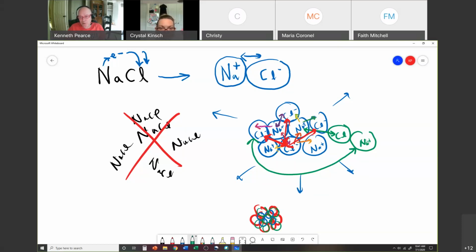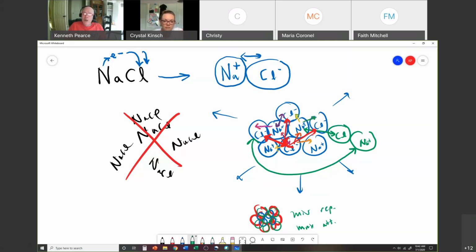I'm trying to do a three-dimensional object with two-dimensional colors. All right. The arrangement of the crystal minimizes repulsions and maximizes attractions. That's like chapter 15, chapter 16, something like that. If you go on to Gen Chem 2, there will be some crystal theory. But just keep in mind, that's what's going on.